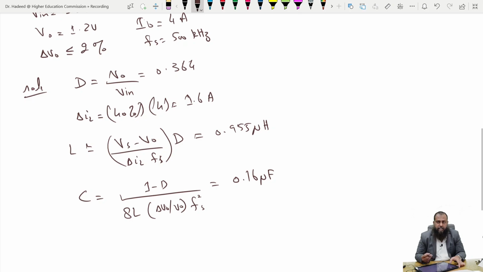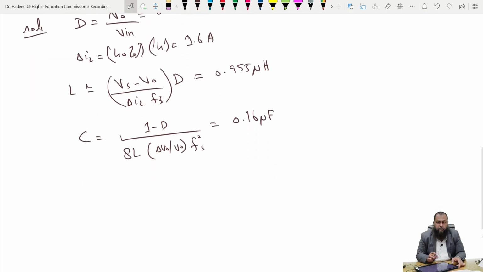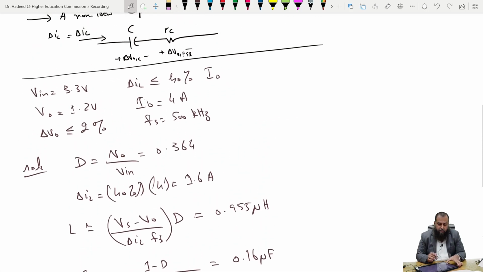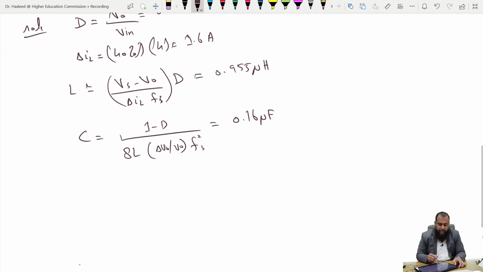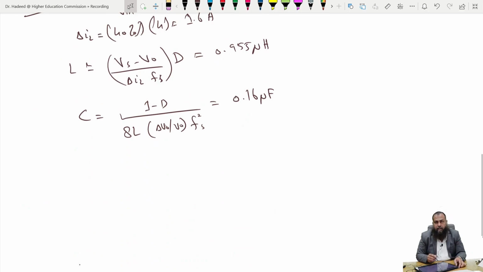So the data sheet must specify the amount of the equivalent series resistance present for this much amount of capacitor. But before that, if we want to have a very stiff requirement of not exceeding the delta V naught, that is, less than or equal to 2%, then we need to specify the maximum value of the ESR we can afford to have in our practical capacitor.